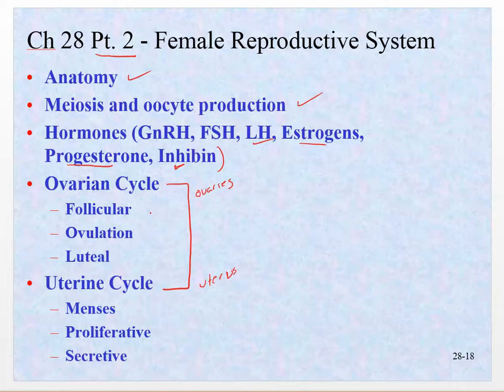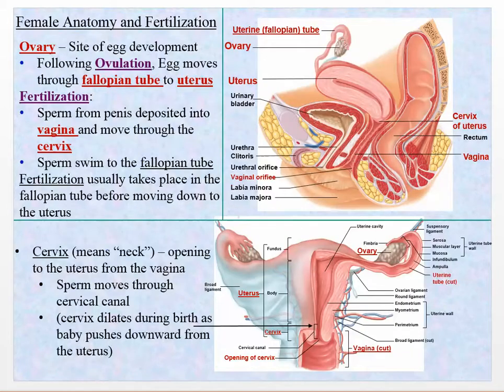In the uterus you have the buildup of the endometrium, and it will then slough off. That's menses, and then it builds back up again. That's proliferative, and then it's there and ready to sustain a developing embryo if fertilization takes place, and that's the secretory phase. So the ovarian cycle is follicular, ovulation, then luteal, and we're going to go through each of those and talk about the details of what that means.